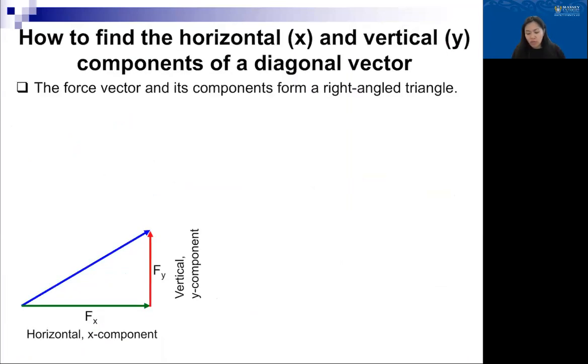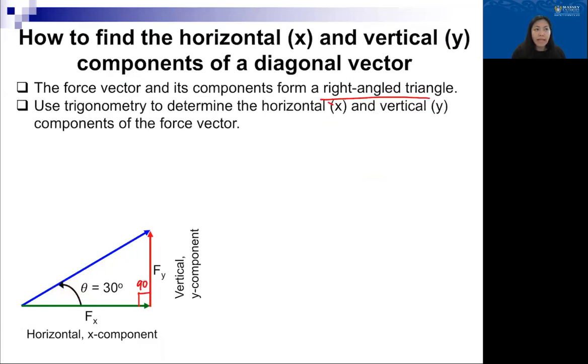That's where we use trigonometry, and that's why it's important that the vertical, horizontal, and diagonal vectors make this right-angled triangle. You have this angle between the diagonal vector and the horizontal axis, and you have this 90-degree angle between the vertical and horizontal components. We can now use trigonometry to calculate the horizontal and vertical components.